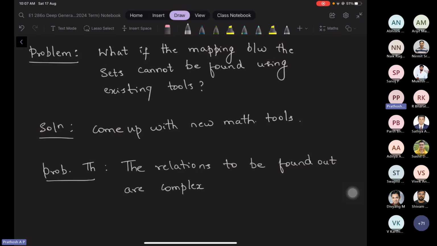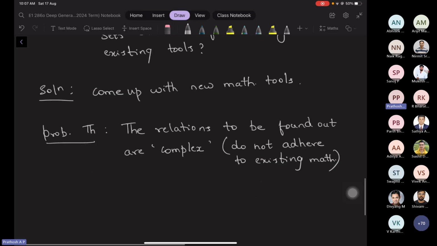What do I mean by complex? They do not adhere within the existing mathematical framework. If this happens, then you need to come up with a new way of modeling things, or a new way of expressing things. That's why probability theory becomes handy.